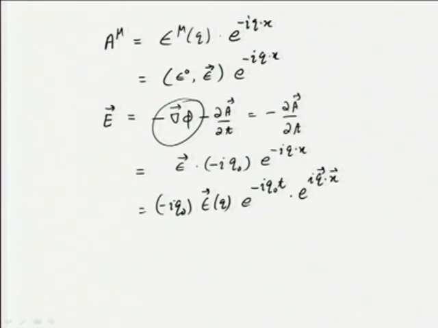We are familiar with this, and the amplitude is given by a complex amplitude, minus I q naught epsilon 3-vector. The direction of the electric field is the same as the direction of the epsilon 3-vector. And therefore, we can say that the polarization direction of the photon is that of the epsilon.